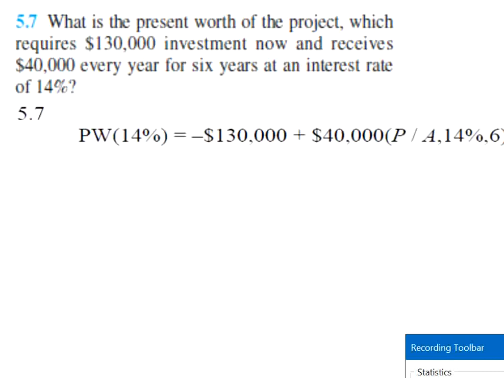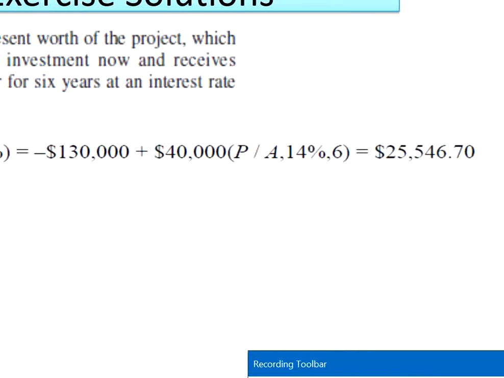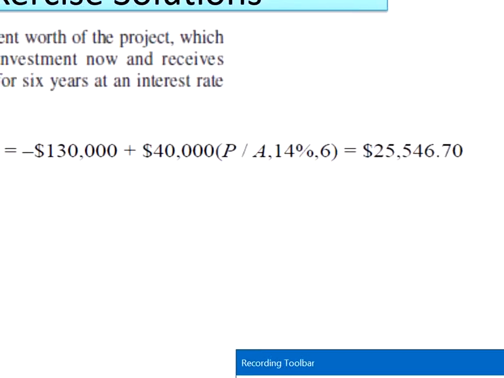So this is how it will be. So present worth of this project will be minus 130,000 plus, minus 130,000 is the cost, and then 40,000 is the present value of an annuity at 14% interest rate for 6 years.